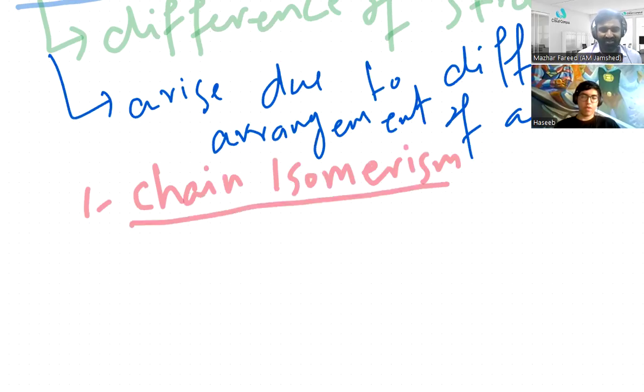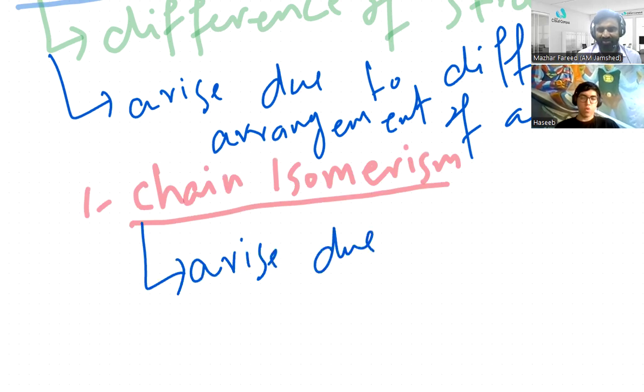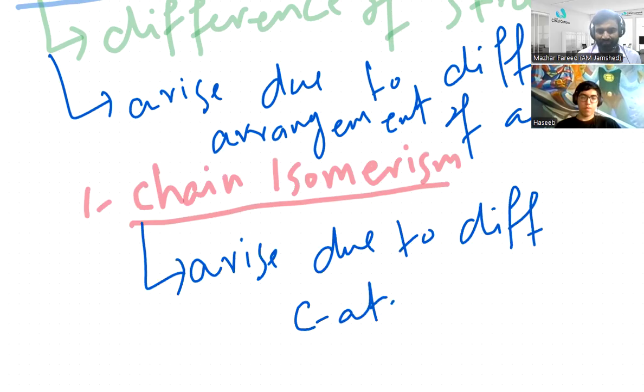Chain isomerism arises due to difference of carbon atom chain. We can explain it with an example, N-butane or also pentane.